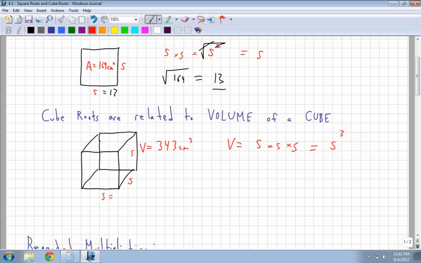In order to find S, again, I have to do the opposite of cubing, which I know is going to be a root, but this time the root is going to be the cubed root, because the cubed root will cancel with the cubed. So for my side length, I'm going to have to take the cubed root of 343, which is my volume.